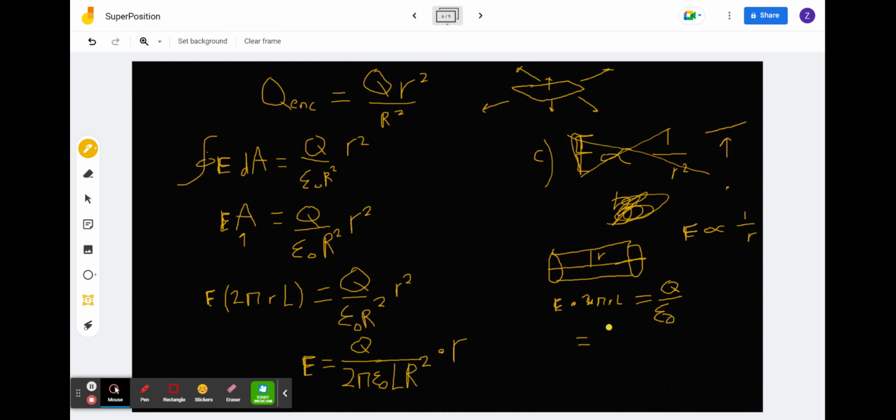So E is just Q over 2 pi r L epsilon naught. And you see here, this is only one r in the denominator.